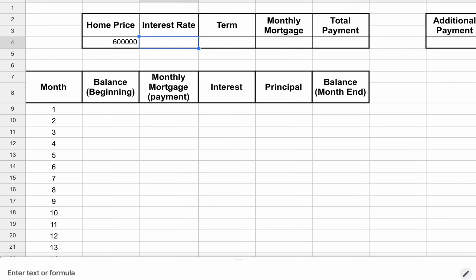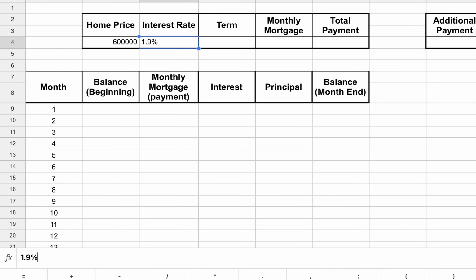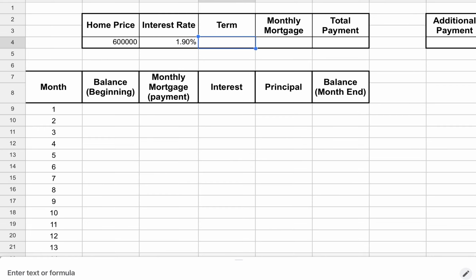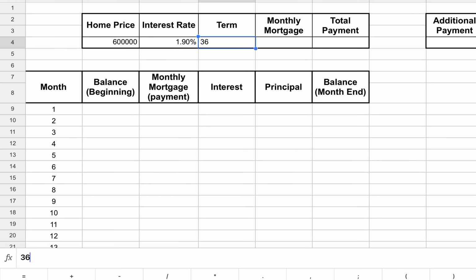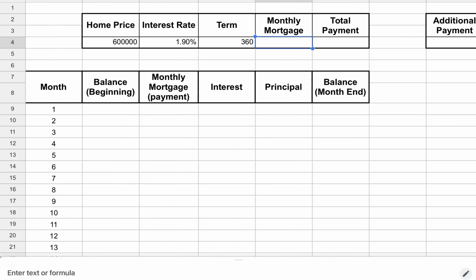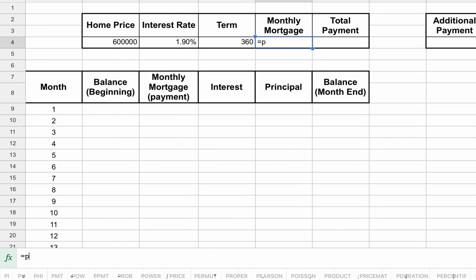The fixed interest rate was 1.9%, and they are borrowing for 30 years, so this is going to be 360 months. For our monthly mortgage, we're going to use the payment function again.